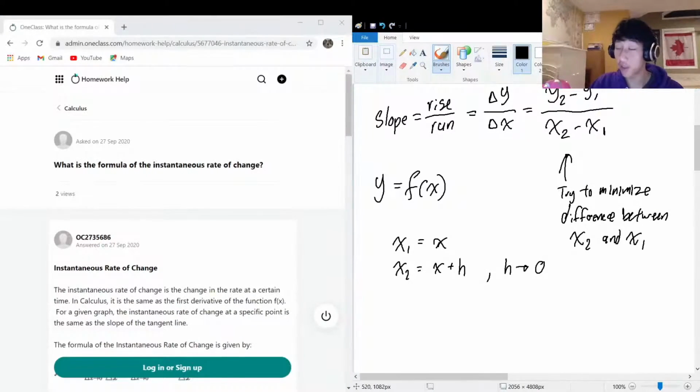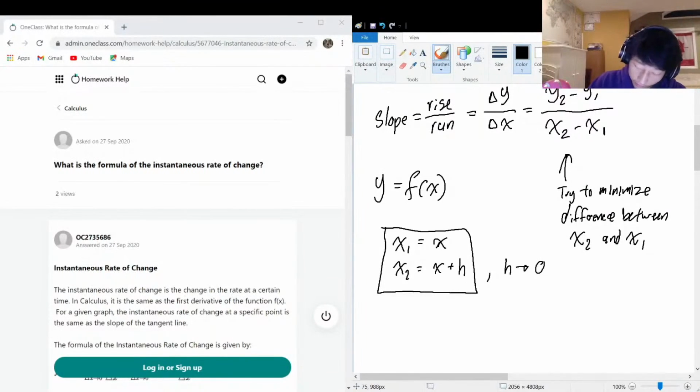And the smaller and smaller that h gets, the more accurate our slope calculation will be at that particular point in time. So we can actually sub these into our slope equation, but have a limit so that h approaches 0. That's just to signify that we're trying to minimize the difference between x2 and x1, given that we define x2 and x1 this way.